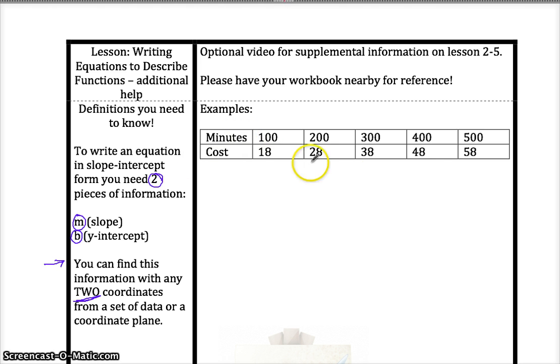So here is some data that they gave us on page 49. I'm not necessarily going to follow their exact steps in this video, but I am going to get you the same answer, and I'm going to try to do it in a way that's more understandable for you. We know that we need slope, so let's start with that first.